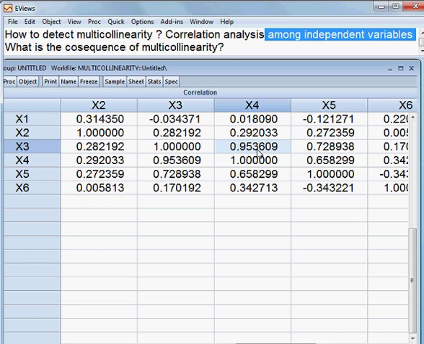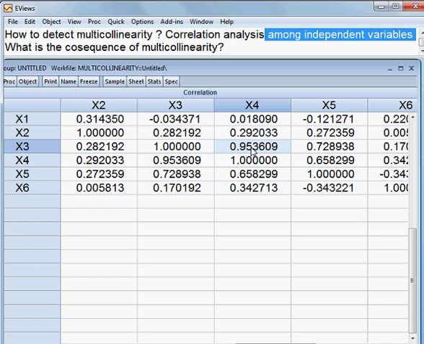So now how to solve the problem? Out of x3 and x4, I must drop one variable. That is the guideline to solve this problem. Either x3 or x4, I must drop. But the question is which one I should drop, x3 or x4.